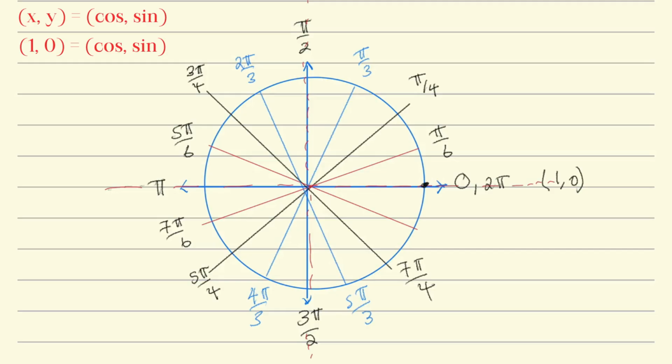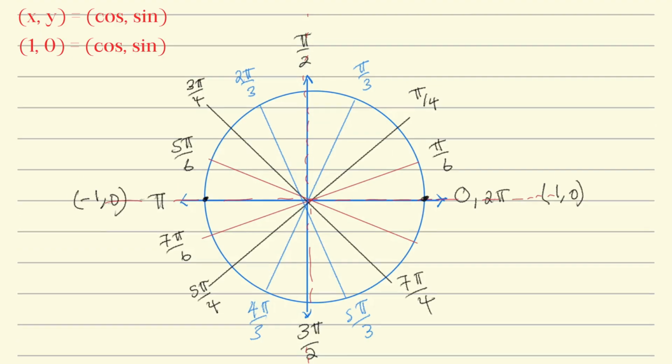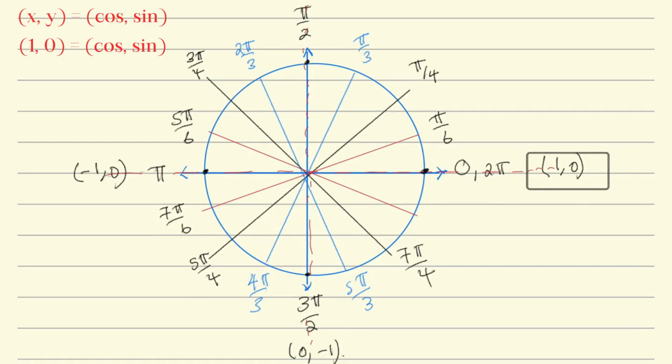Having said that, we locate 1, 0, which is on the right, and 0, 1 on top, and negative 1, 0 on the left, and 0, negative 1 at the bottom. Now, in a more practical sense, you can see that this point here is 1, 0, which tells us to say cosine 0 is 1, right?